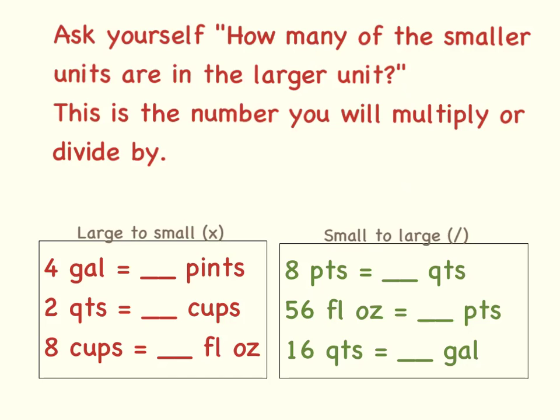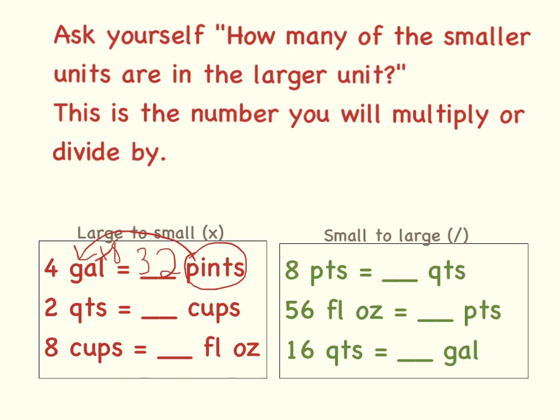All right, so if I look at the first one, I'm going to ask myself, how many pints are in 1 gallon? So I can see that there are 8 pints in 1 gallon, so that's what I'm going to multiply by. So 4 times 8 would give me 32 pints.